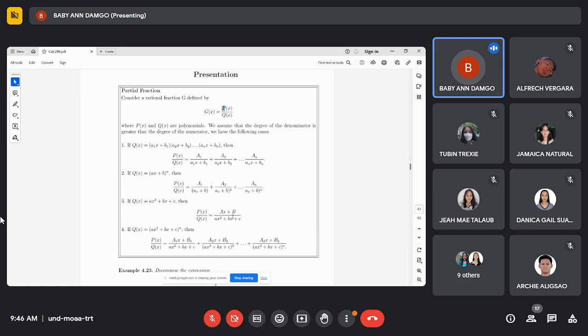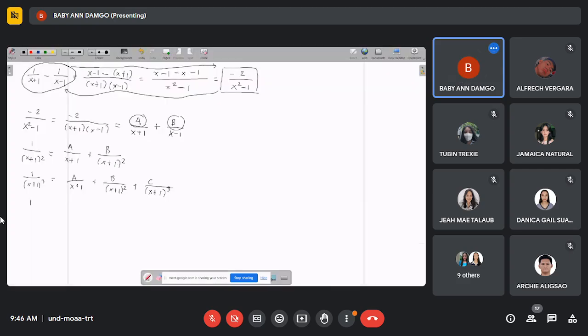For example, we have 1 over x squared plus x plus 1 times x squared minus x plus 1. I think it cannot be factored further.